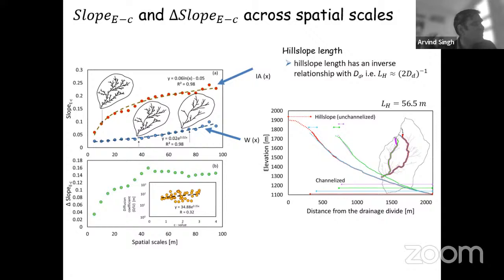So in other words, the side branching introduces more complexity to hill slopes as compared to channels.